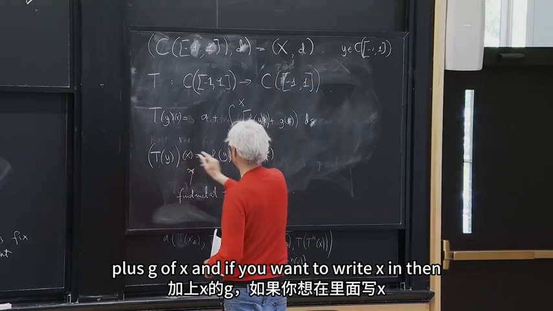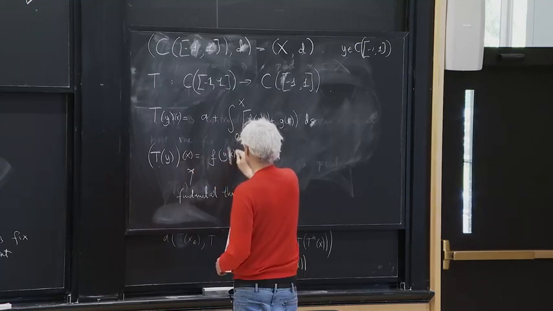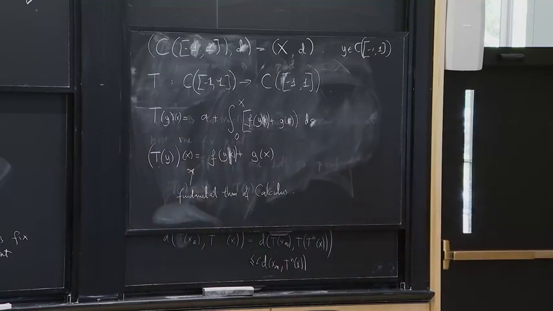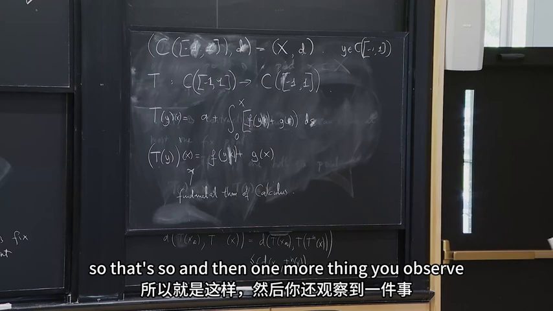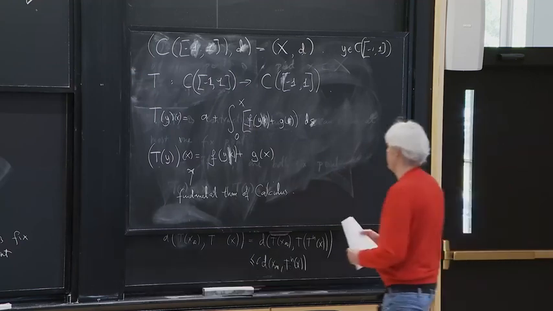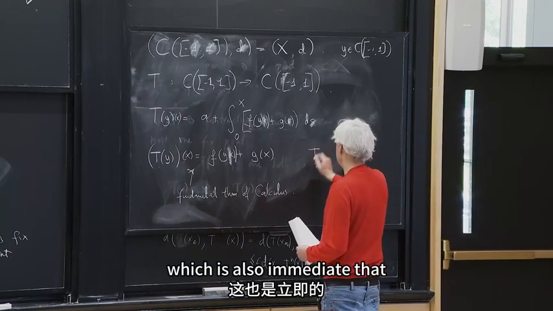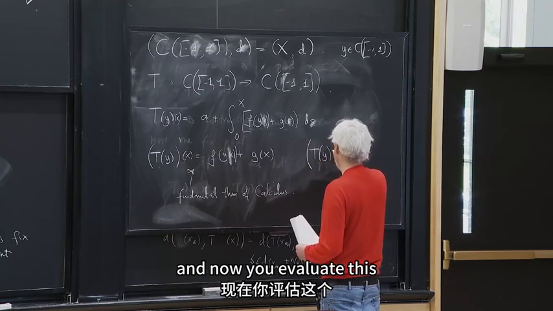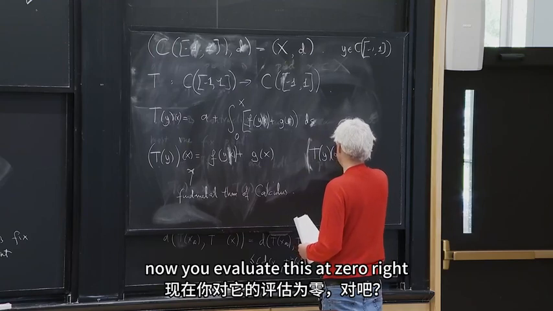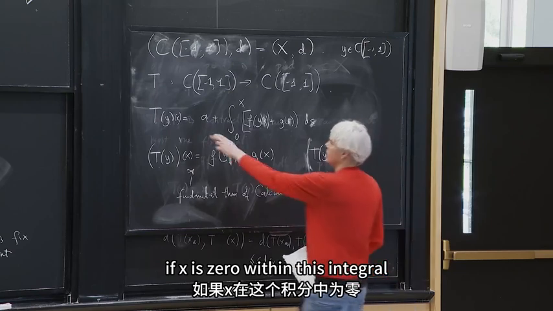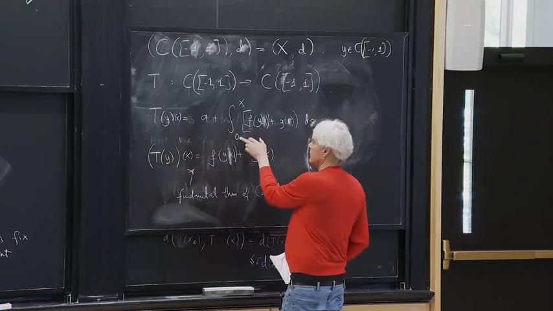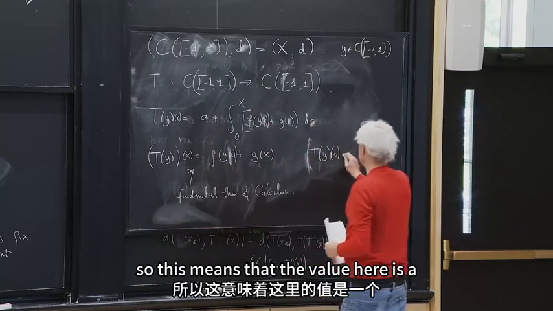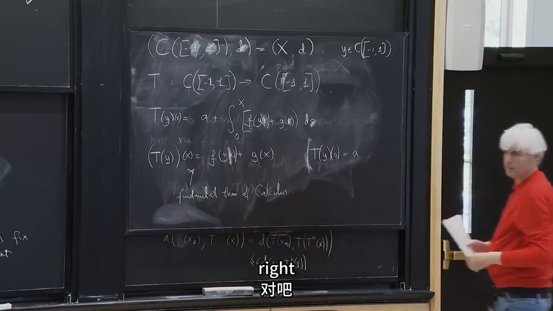And if you want to write x in, then it should be like this. And then one more thing you observe, which is also immediate: if you take a continuous function like this and evaluate it at 0, then this integral is over just a point, so it is 0, which means that the value here is a. Right? Okay.